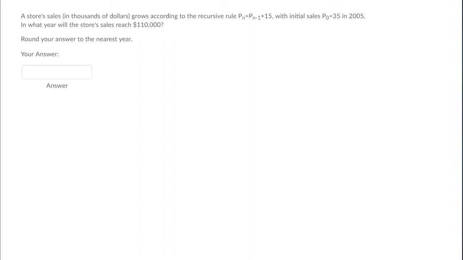Okay, so for problem number 2 here, notice that they're giving us what's called a recursive rule. If you remember from section 2.1, a recursive rule means that each term depends on the previous term. In the language of sequences, this would be called term Pn, the nth term.